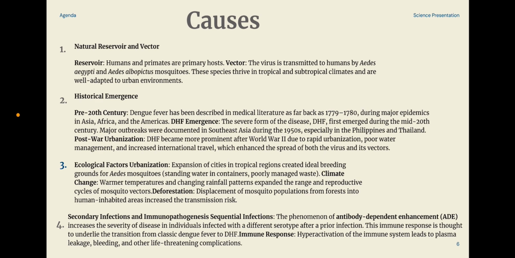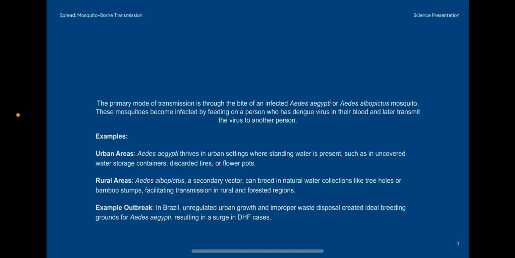This immune response is thought to underlie the transition from the classic dengue fever to DHF. And lastly, immune response: hyperactivation of the immune system leads to plasma leakage, bleeding, and other life-threatening complications. Okay, the primary route of transmission is through the bite of an infected Aedes mosquito.